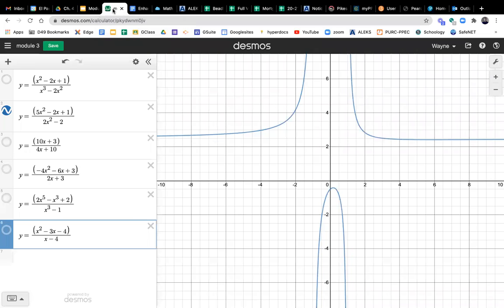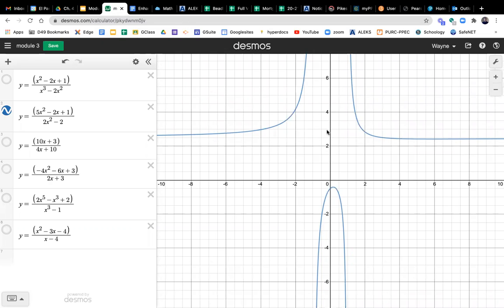Well, it's supposed to have a horizontal asymptote at 5 halves, but this one doesn't seem to look like it does. Because 2.5 would be right here, and that would be straight across, and that's not right.